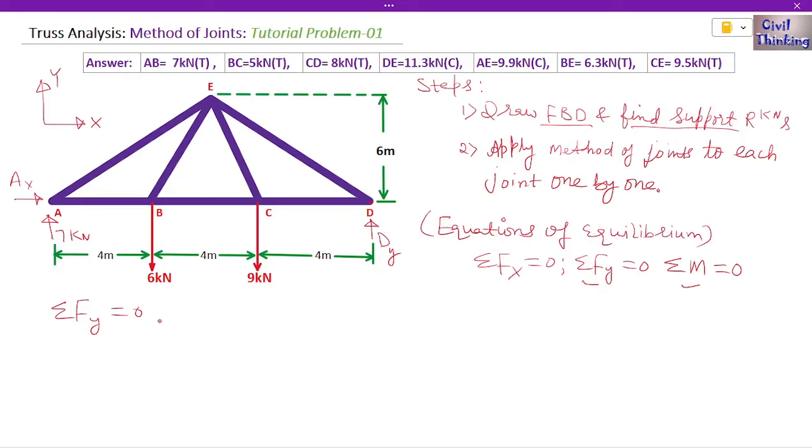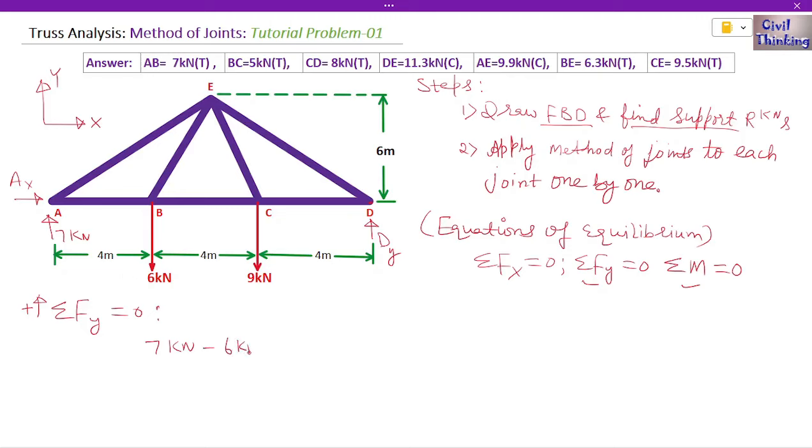We have to equate it to 0, and I am assuming the upward forces are positive. Now 7 kilonewton is upwards, so it is positive. Now 6 kilonewton is also a vertical force. AX is not a vertical force, so we will not include AX in this equation. 6 kilonewton is downward, so this one is negative, because upwards are positive, so the downwards are negative.